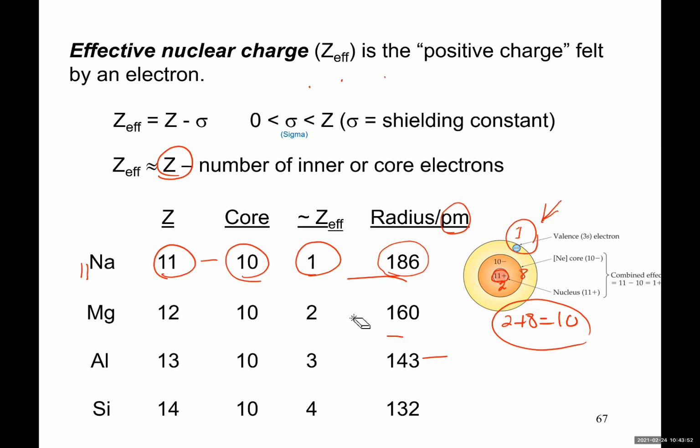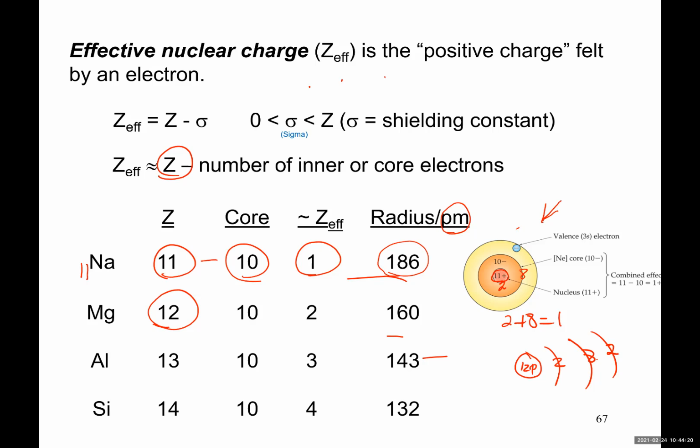If I go to magnesium, the atomic number is 12. There are 12 protons. So let me change here: 12 protons, 2 electrons, 8 electrons, and 2 electrons, right?